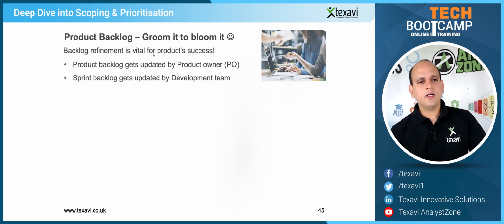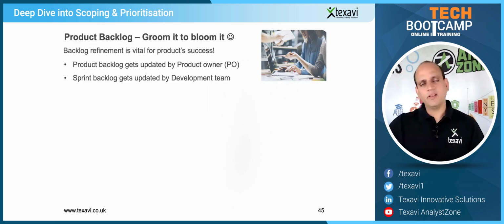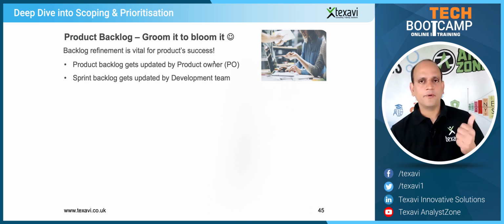But for now, just understand that the product backlog gets items added, items removed, priorities changed, and items shuffled back and forth, up and down, depending on the prioritization that the product team thinks is important and urgent. It could be the product owner, business team, customer team, whatever it is.